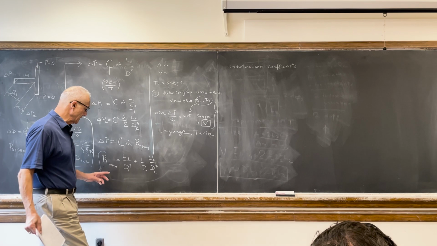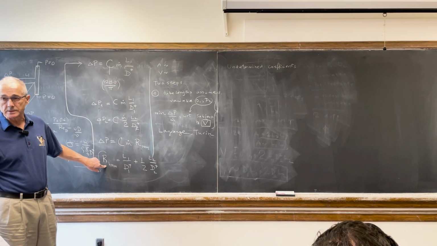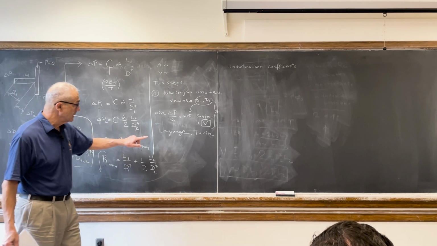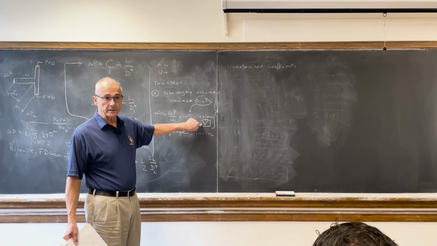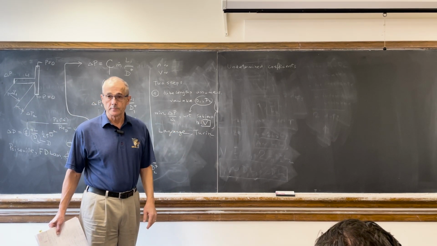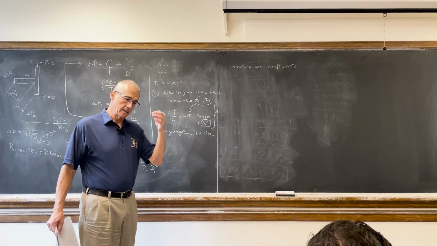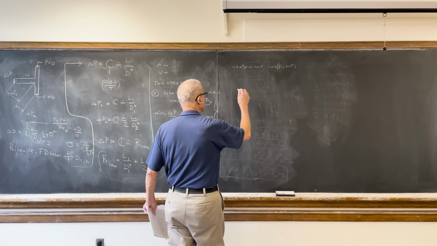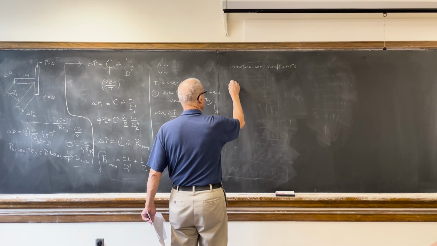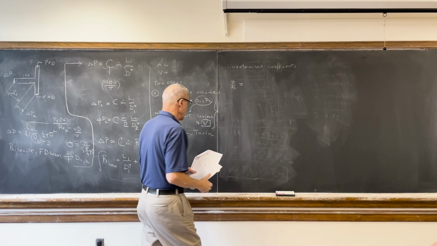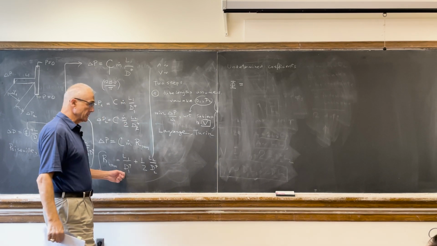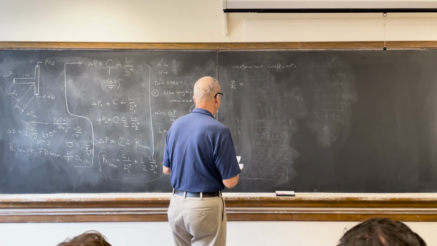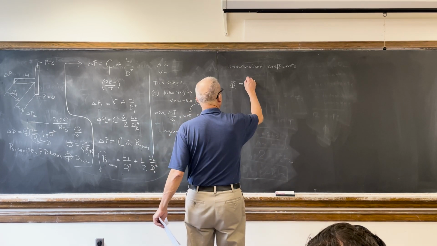To seek the extremum of a function, such as this, subject to a constraint, which is the volume constraint in this example, is equivalent to seeking the extremum of an aggregate function, which is a linear combination of the original function and the constraint. In other words, the aggregate function is what I wrote here.